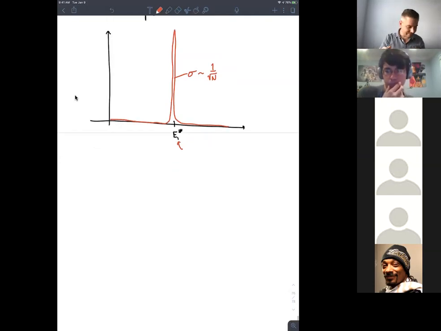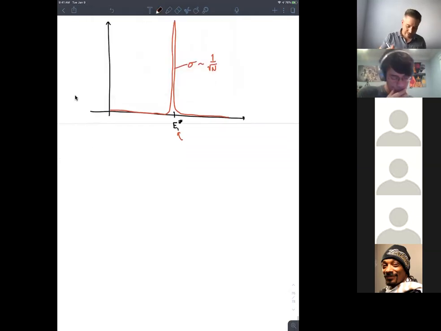So now, once the system reaches equilibrium, E1 star is essentially the equilibrium value of the energy. Let me write it like this: E1 equals E1 star.